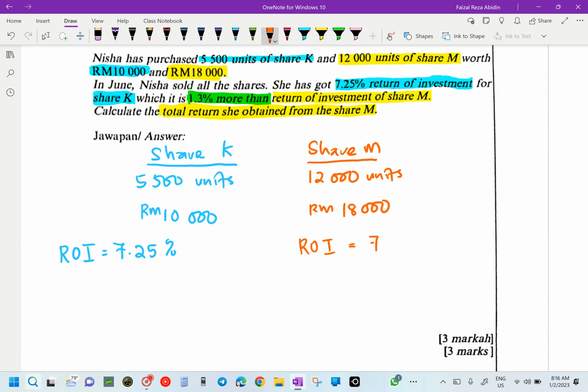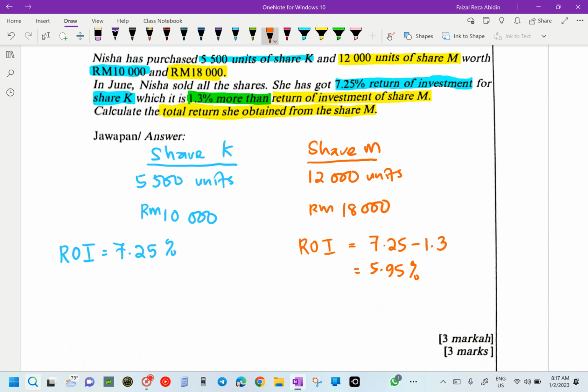Yes, 7.25 we are going to minus 1.3. Use your calculator. 5.95%. This is what you must get from the second paragraph. If you didn't have that one, bye-bye.